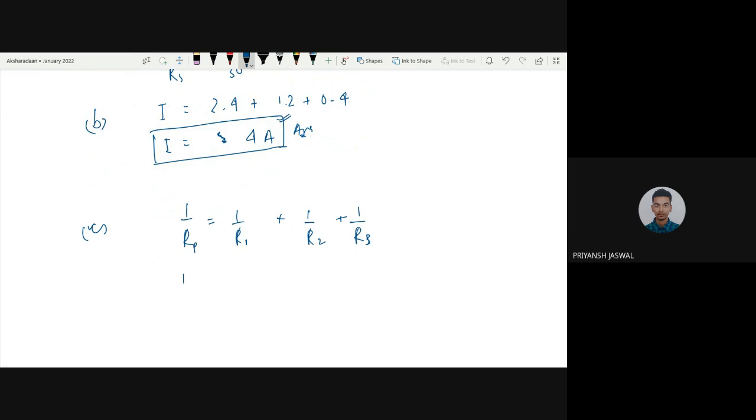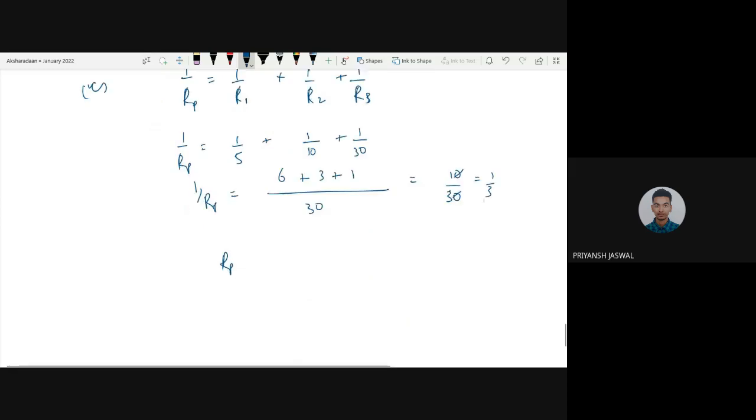So with this you get 1 by 5 plus 1 by 10 plus 1 by 30. Now 30 is the LCM. It becomes 10 by 30 or 1 by 3. This implies that Rp is equal to inverse, it is 3 ohm.